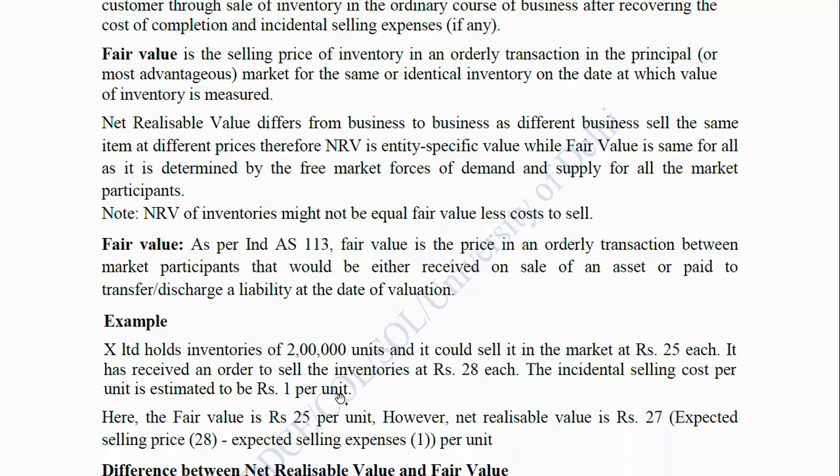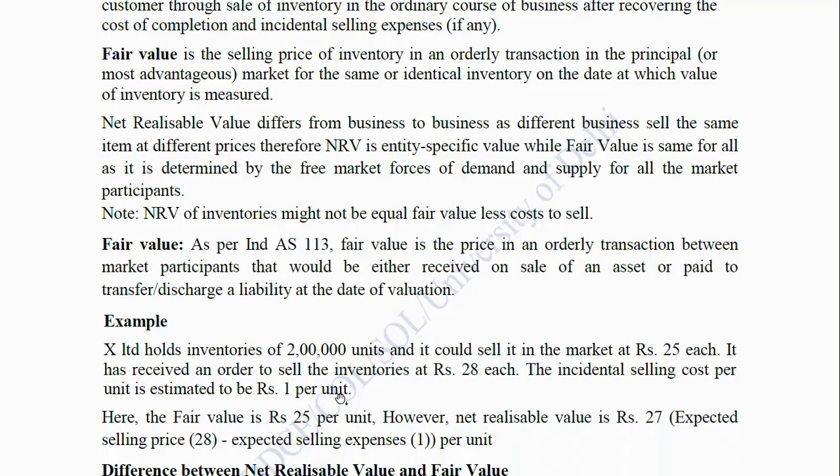Example: X Limited holds inventories of 2 lakh units and it could sell them in the market at rupees 25 each. It has received an order to sell the inventories at rupees 28 each.